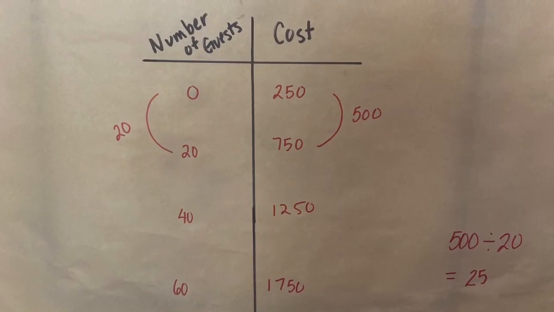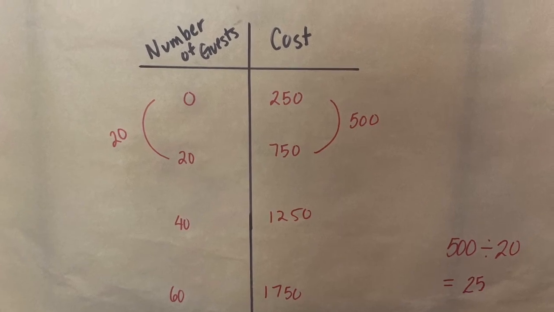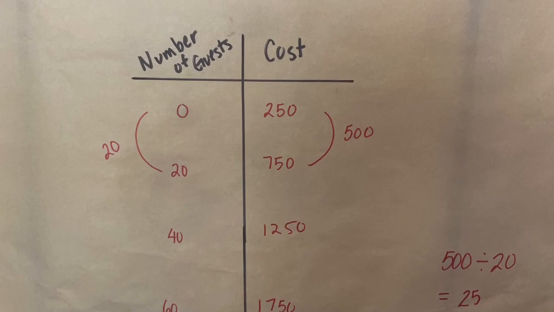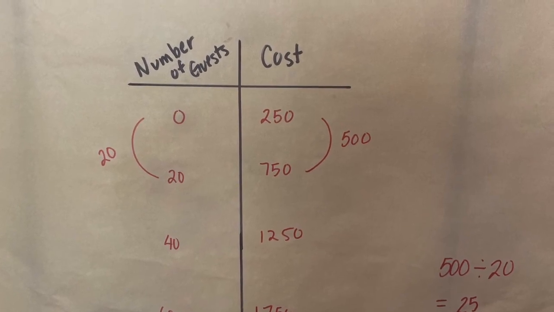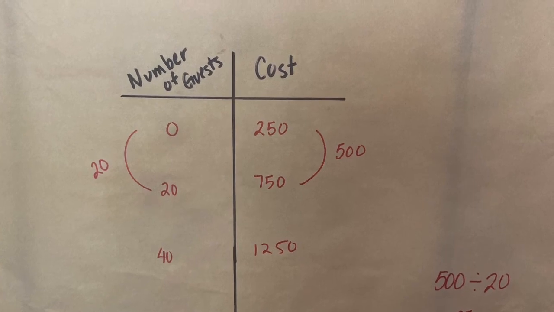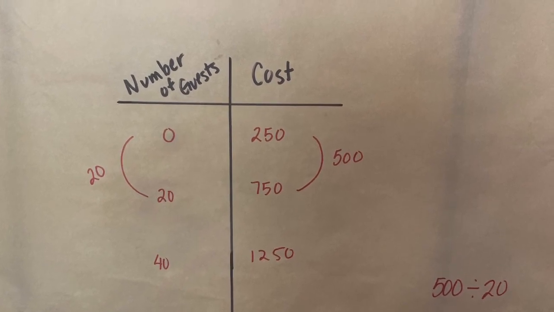When we do that, we get 500 divided by 20, which means that the rate of change is $25 per guest. That means every extra guest who comes to the wedding, we need to pay an extra $25.